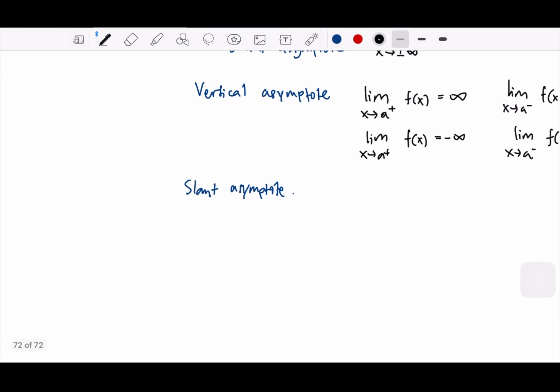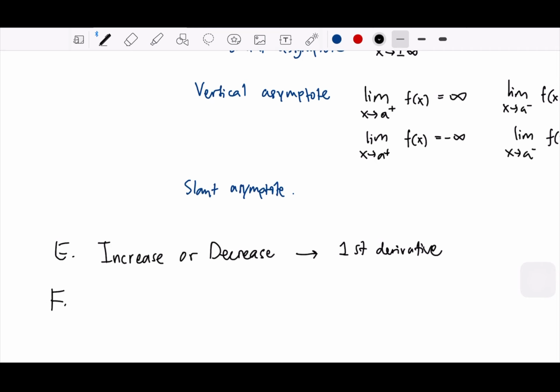So after asymptotes, now we can think about increase or decrease. Meaning we will use the first derivative to check whether the function is increasing or decreasing, and on what intervals it is increasing or decreasing.